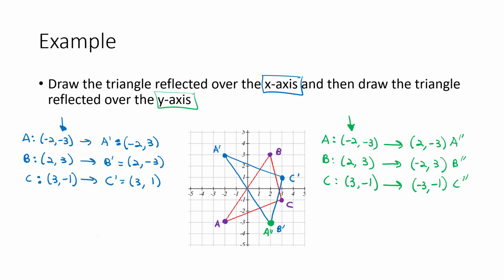B prime is at -2, 3. That's B prime prime. And C prime is at -3, -1. And when I connect those dots, interestingly enough, these touch each other, but that won't always happen. We end up with our reflection over the y-axis.